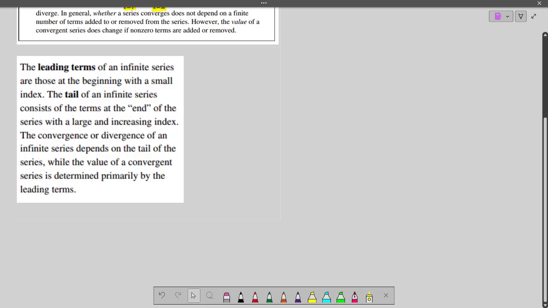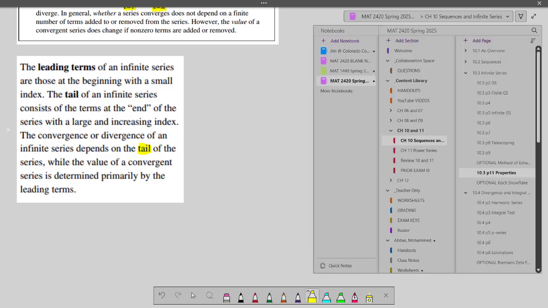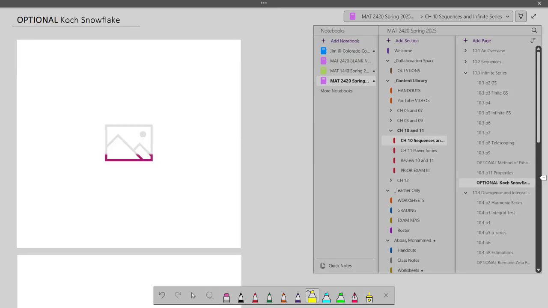Same idea here. The tail of an infinite series is the terms at the end with the large index. Convergence and divergence depends on the tail. That's the important thing for convergence and divergence. The leading terms tell you more about what it converges to if it converges, but it's the tail that tells you whether it converges or diverges.